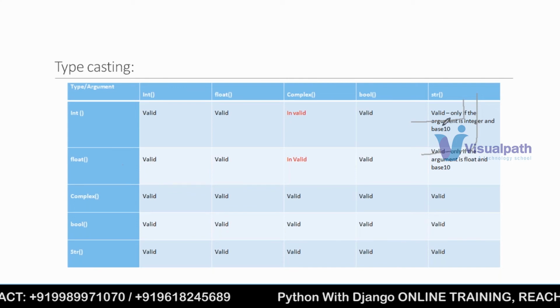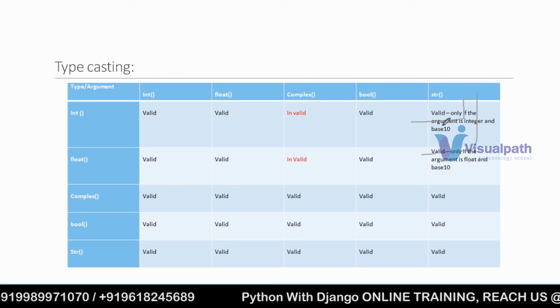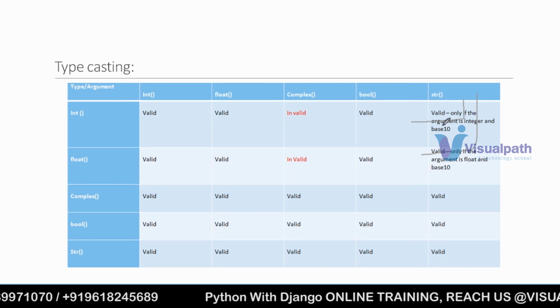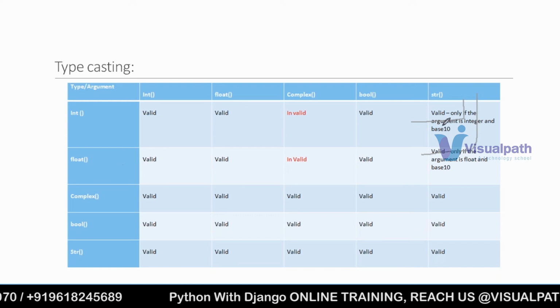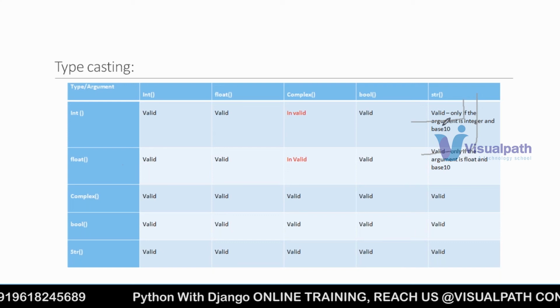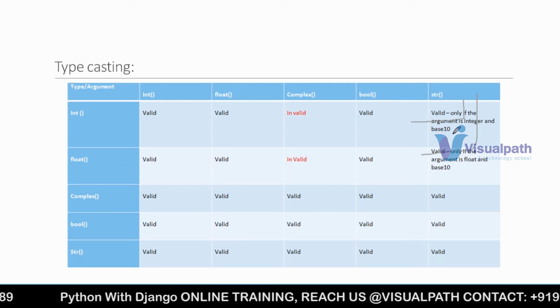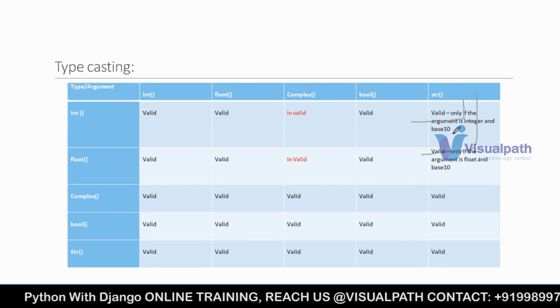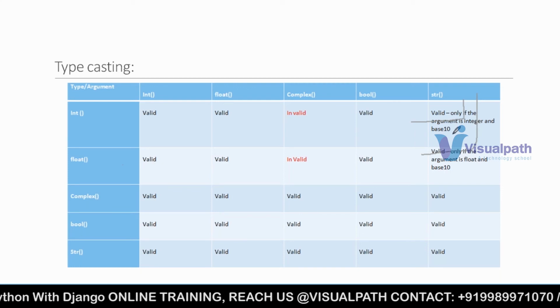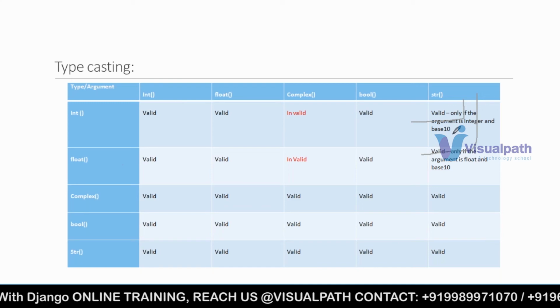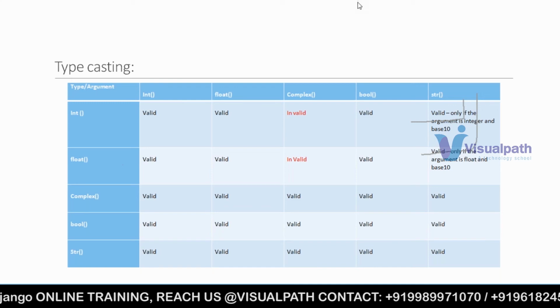Integer means it will have only numbers. Float means it will have only numbers, decimal numbers, integer numbers. Everyone understood this point? Converting from string to integer and string to float is valid, but only if the string contains only numerical data. Is this point clear to everyone?